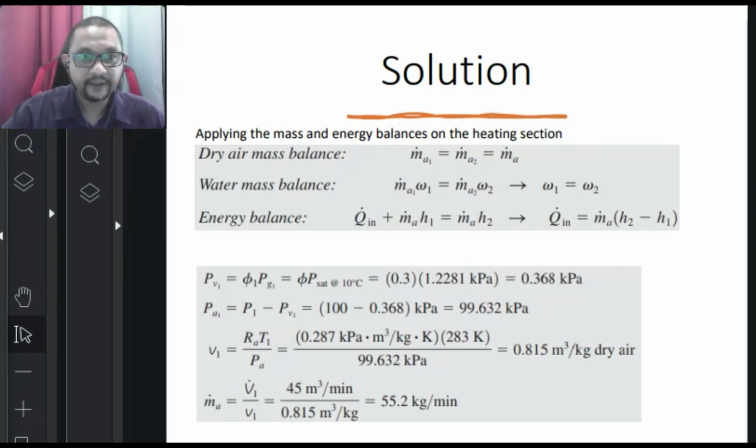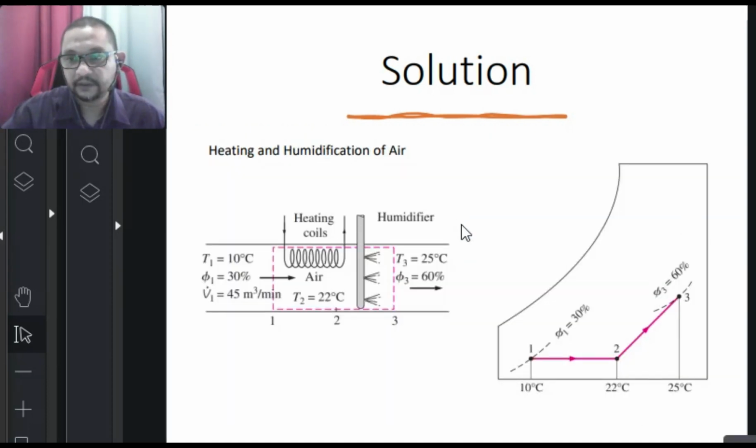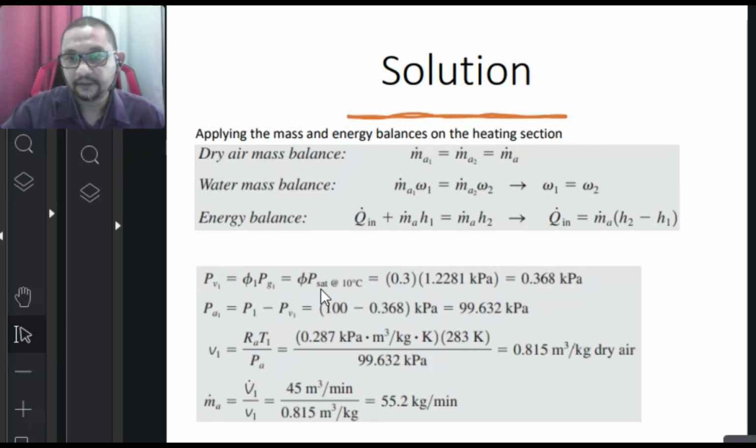To find this value, you can find it from the properties table. That means P saturated at 10 degrees Celsius is 1.2281 kilopascal, see in table A4 in the properties table.